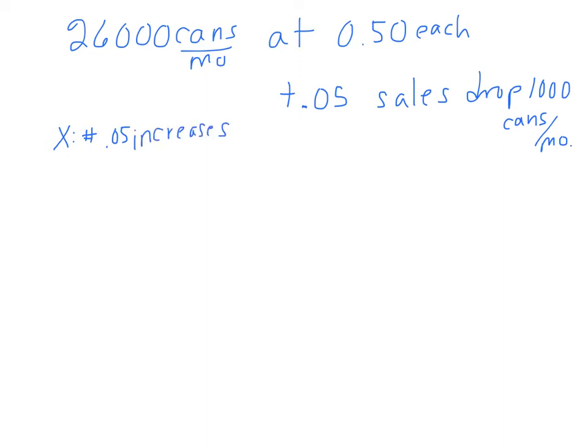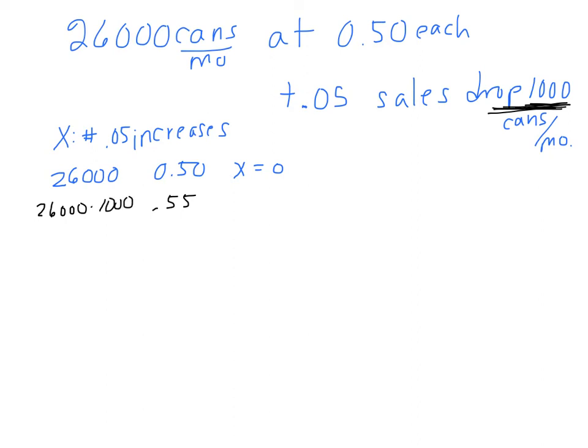So before we come up with a revenue function, let's think of what this means. If we sell 26,000 cans at 50 cents each, that's when x is equal to 0. Now, if I increase the sale price by 5 cents, my sale price is going to be 55 cents. And how many cans am I going to sell? 26,000 minus 1,000.